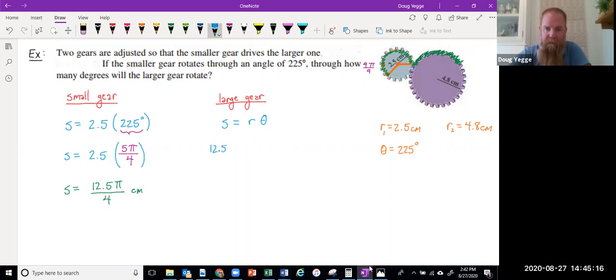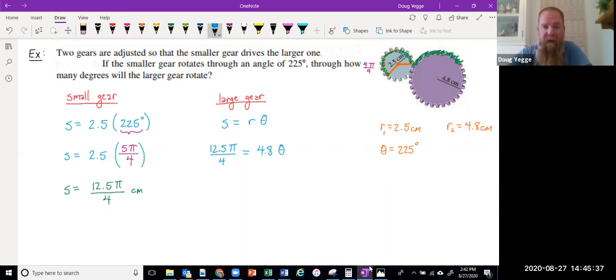And I'm avoiding finding a decimal representation of this because I want to try to find an exact value, or round at the very end of the problem at the very least. So now we have 4.8 times theta.